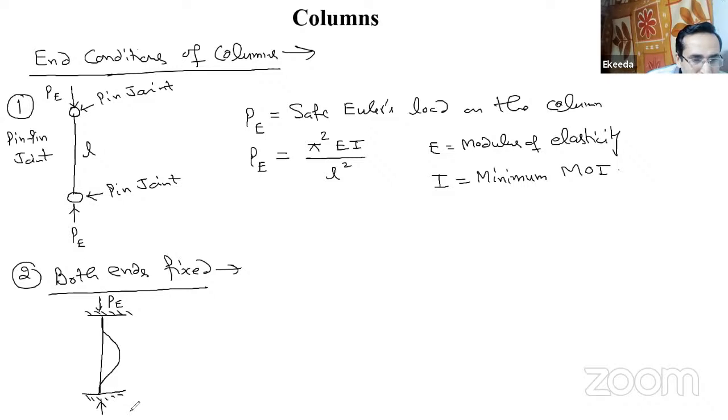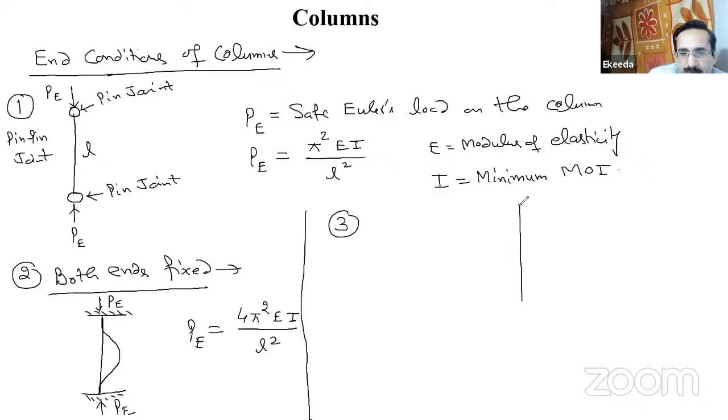Load is applied like this. In this case, the Euler's load PE is given by 4 pi square EI upon L square. L is again the length of the column. Let us take the third case.